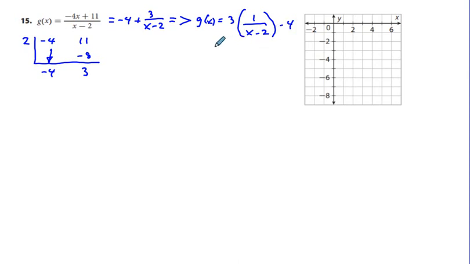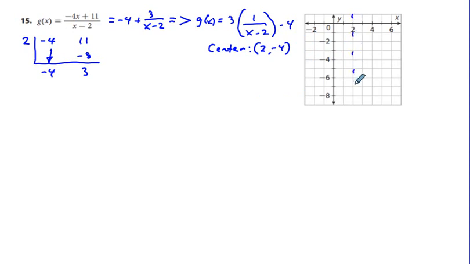So here, the center of this rational function that we're graphing is going to be the point h comma k, which is 2 comma negative 4. So we can mark these in our graph. We have a vertical asymptote at x equals 2.